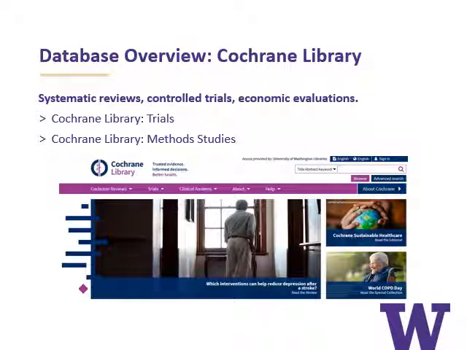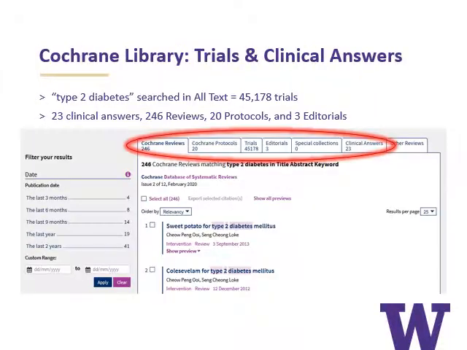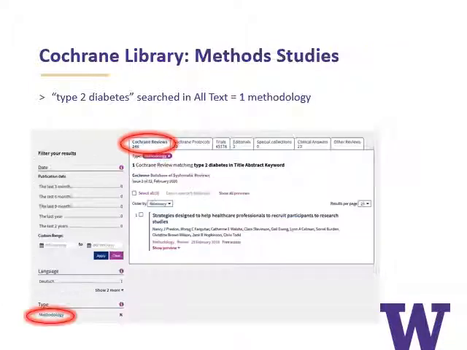The Cochrane Library contains information on systematic reviews, controlled trials, economic evaluations, and other resources. You can use the Cochrane Library to find clinical answers, reviews, protocols, and editorials. You can also use the Cochrane Library for information on the methodology used in studies.